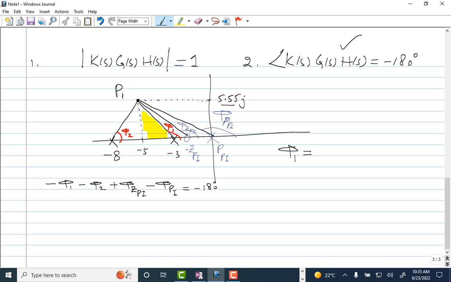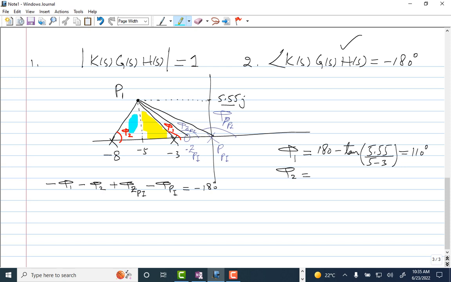So to solve this triangle for this theta, I just subtract it. For this theta you have the perpendicular divided by the base, so this is equal to tan inverse of 5.55, the perpendicular value, divided by 5 minus 3. This is the way you can find theta, phi 1. So this becomes 110 degrees. Similarly, to calculate phi 2, you have to consider this triangle.